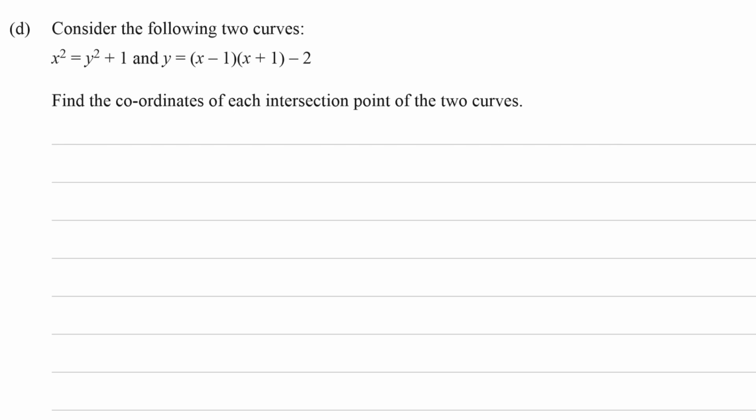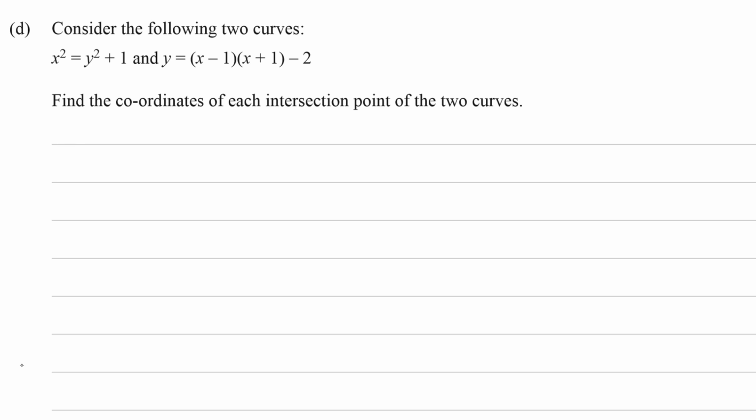Alright, so to solve this, we'll simultaneously solve it or substitute one of the equations into the other. Depending on how you do it, it might be easier to do it one way or the other.